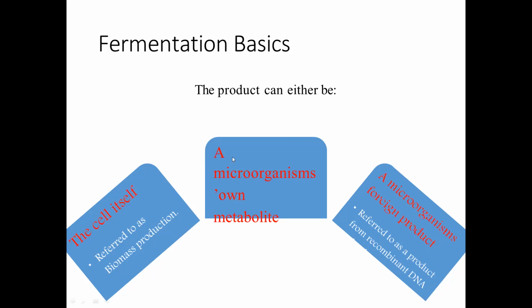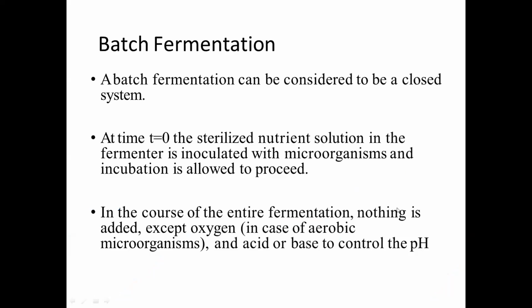The product can also be the microorganism's foreign product, referred to as a product from recombinant DNA. Through fusion or mutation, by trial and error, it can sometimes be a foreign product. So what are the three types of products? One is the cell itself, or the microorganism's own metabolite, or the microorganism's foreign product.